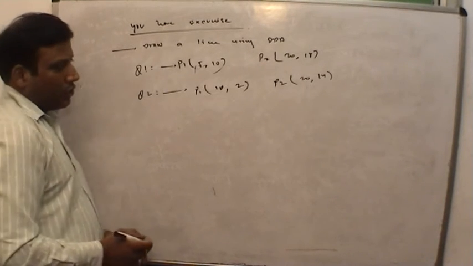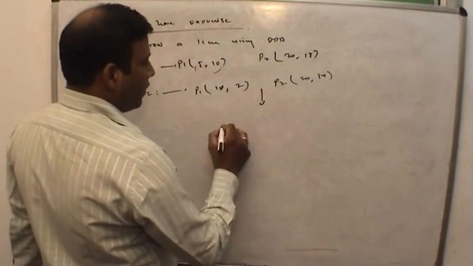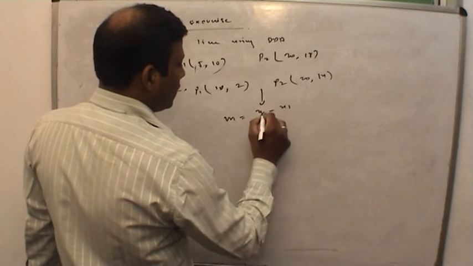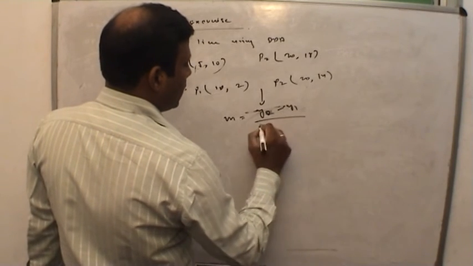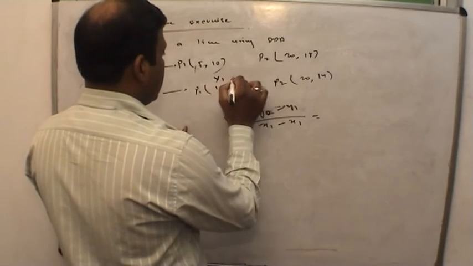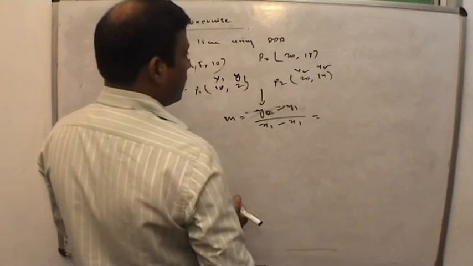You have to solve these questions, and according to these questions the slope m is greater than 1. When we find the value of m, m is y2 minus y1 by x2 minus x1. This is x1, this is y1, this is x2 and this is y2.